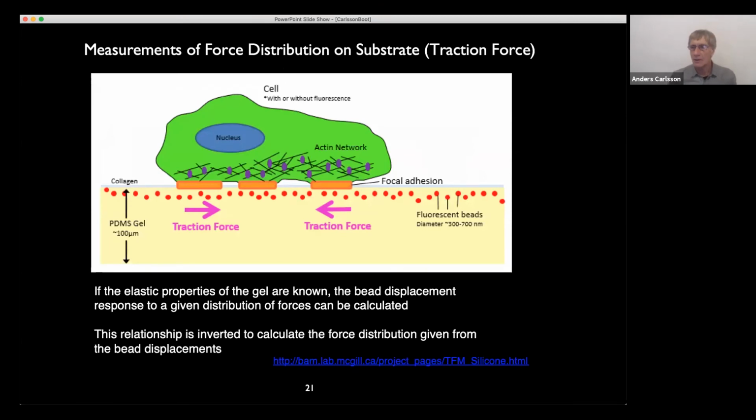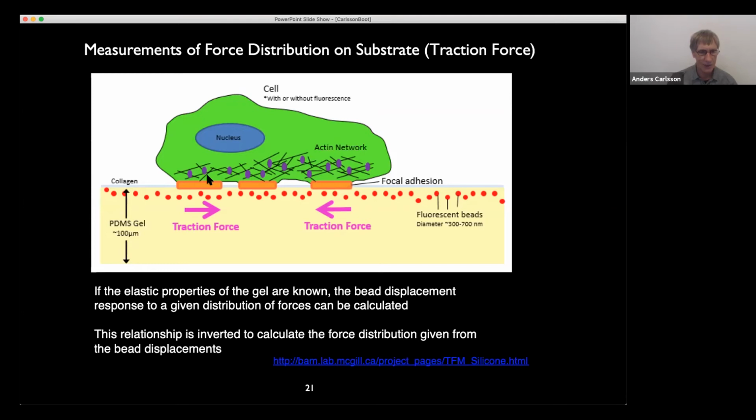Okay, right. So now we're going to ask for something a little bit more detailed. We're not just going to talk about the whole force, but we're going to talk about the distribution of force. So here is a cell with a nucleus and an actin network.